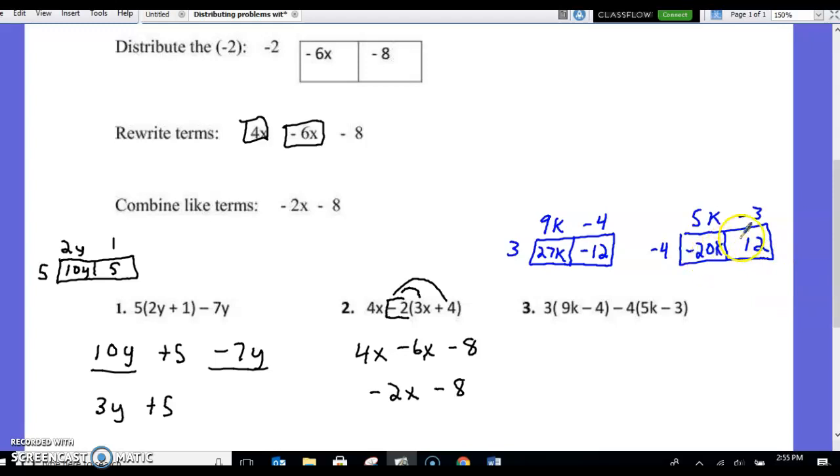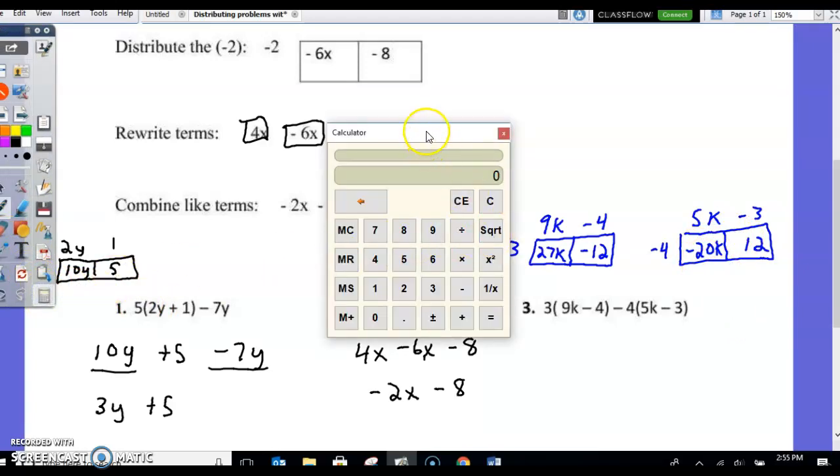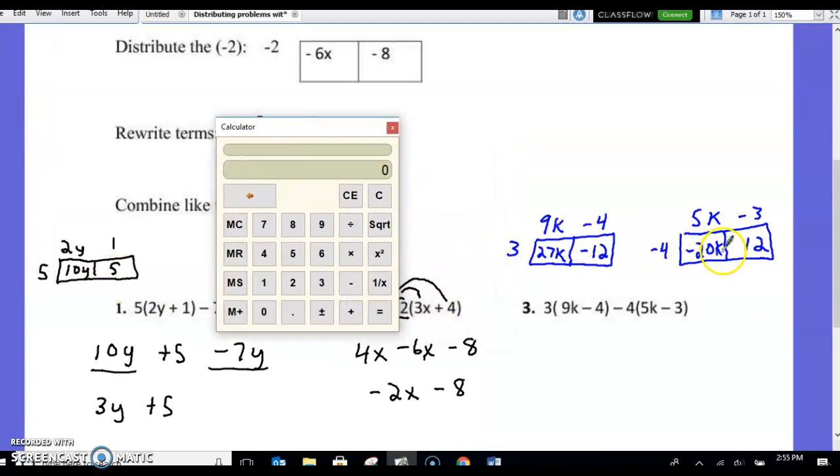Now, we have to combine like terms. So I can look just in the boxes right now and I can see, ooh, 27k and negative 20k are like terms. So we can either do 27 minus 20 or 27 plus a negative 20. So 27 minus 20. Again, double check with your calculator if you need to. That's 7. So 7k.